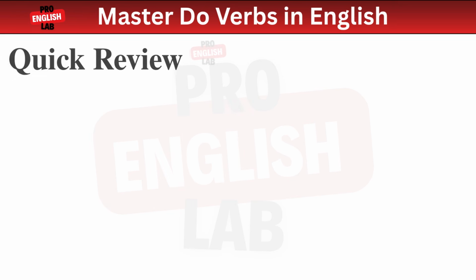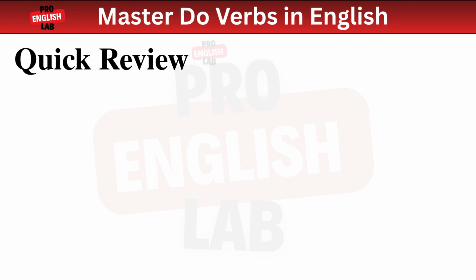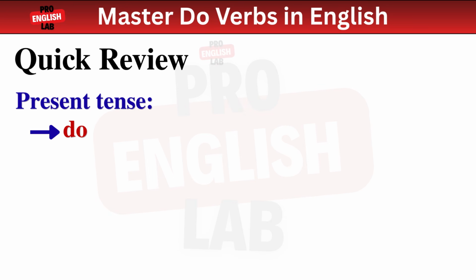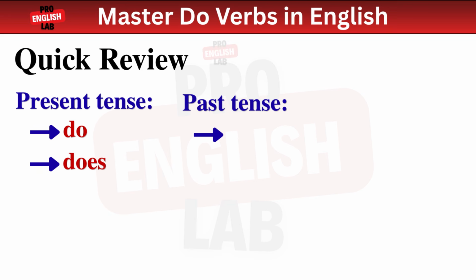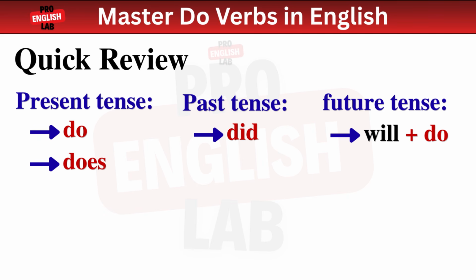Let's quickly review what we've learned today. In the present tense, we use do and does to form questions. In the past tense, we use did to form questions. In the future tense, we use will plus do, where do is the main verb.